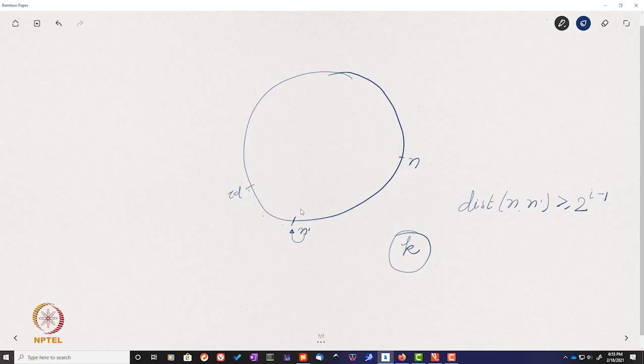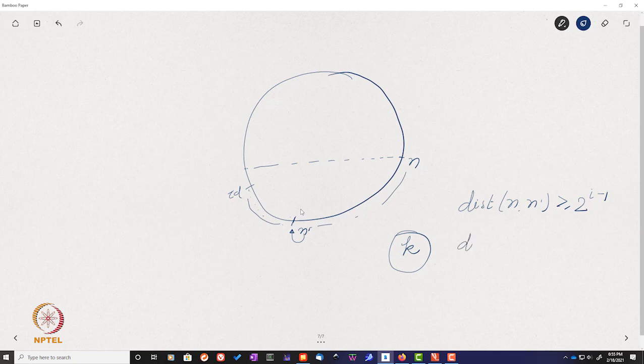Furthermore, between n dash and id, it's in the ith finger, it's not in the i plus 1th. So here there is a little bit of a complication, but let's consider the simple case first. Let's consider that the i plus 1th finger will start from here. Then you can clearly see that this distance is much more than this distance.